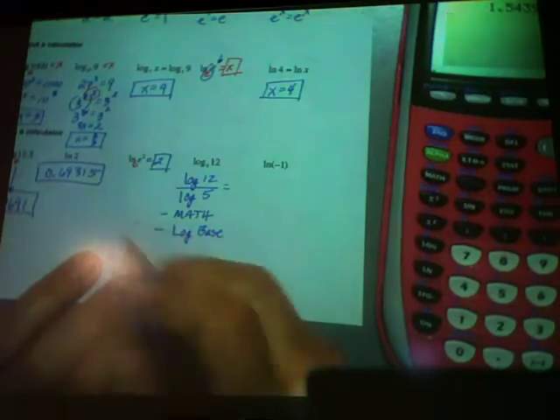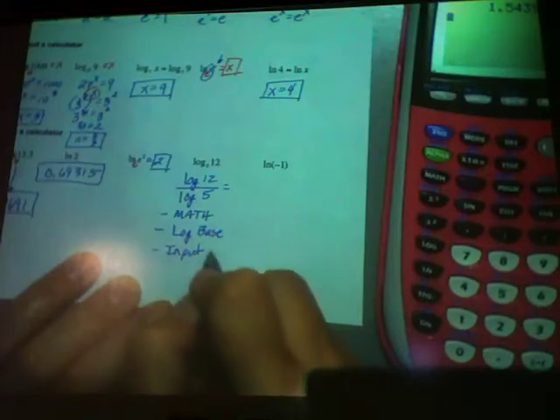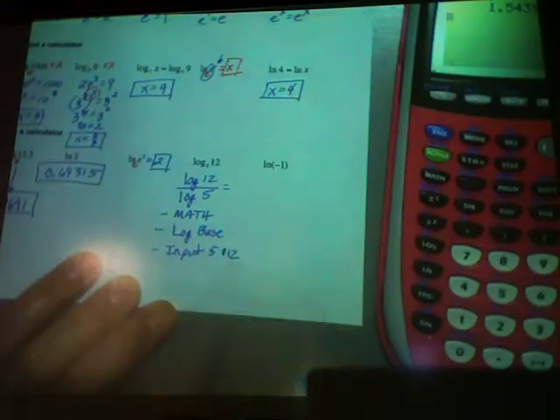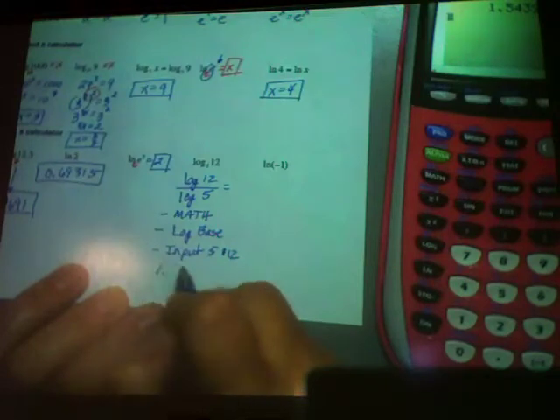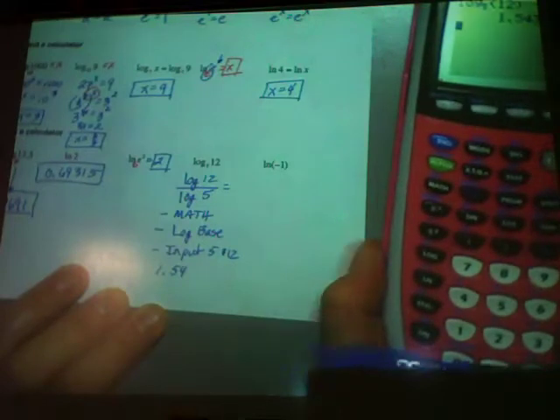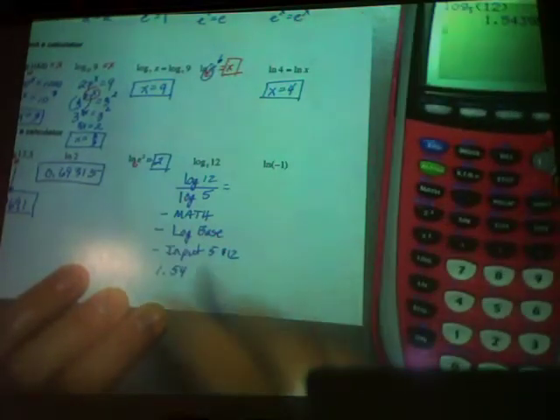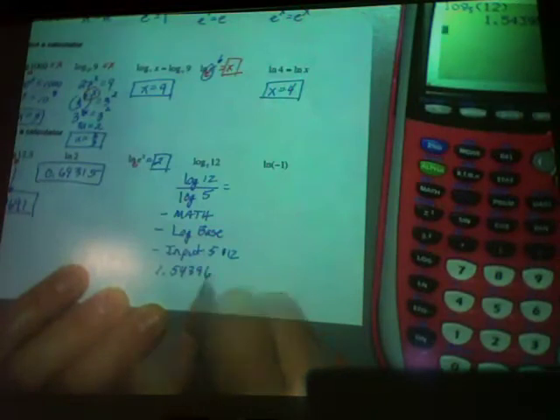Then you're going to input, in this case, the 5 and the 12, and our answer turned out to be 1.54390.